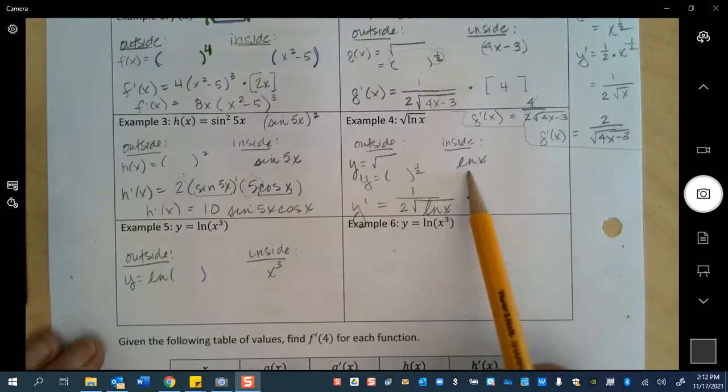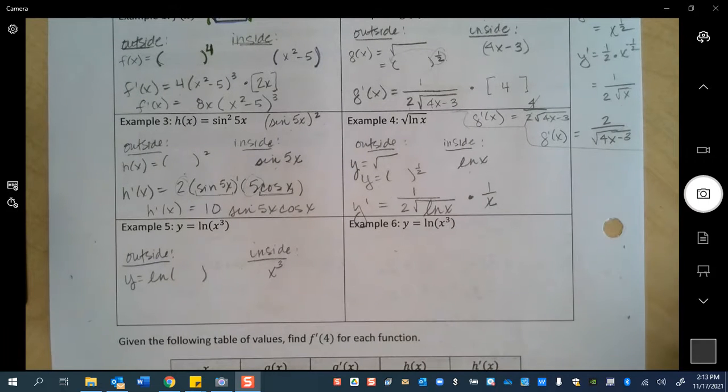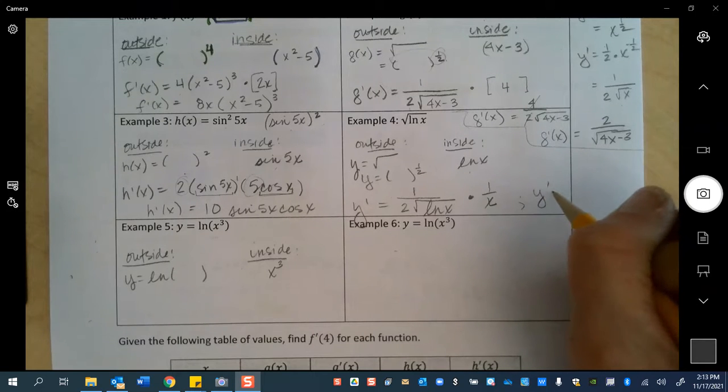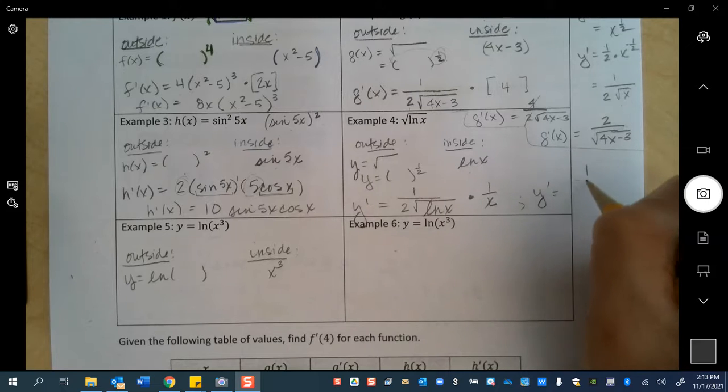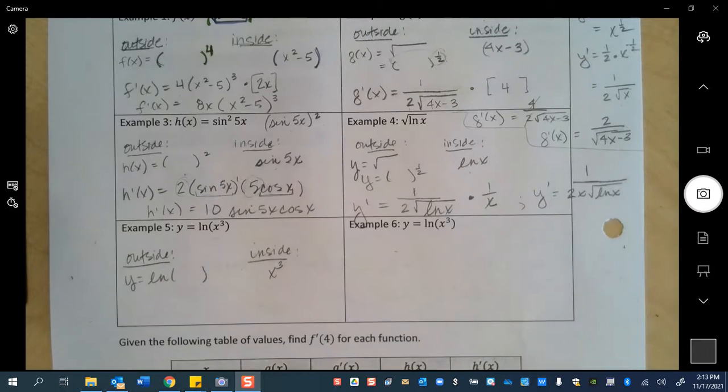Times, what is the derivative of the natural log of x? So then I can go ahead and just say that y prime is equal to 1 over 2x square root natural log of x. Sound okay?